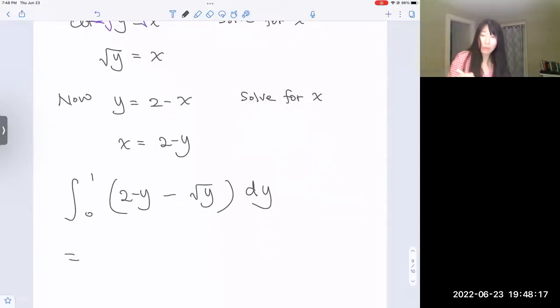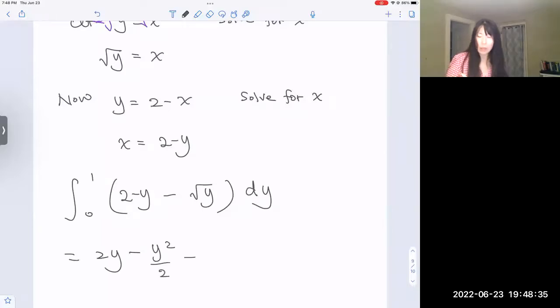Okay, we have 3 terms. We integrate term by term. So 2, what do you get? Integrate 2, we get 2y. And minus y squared over 2. Very good.